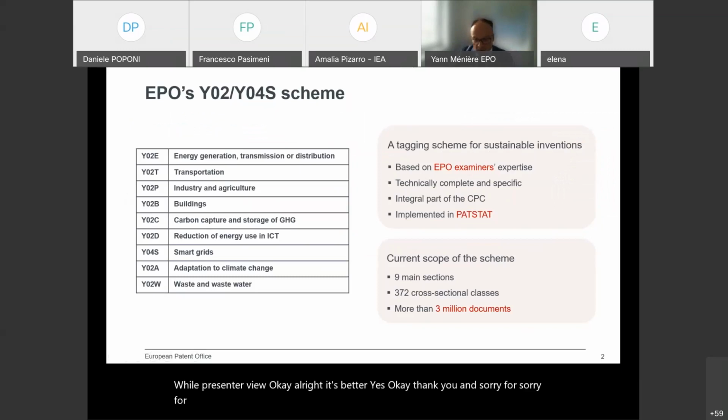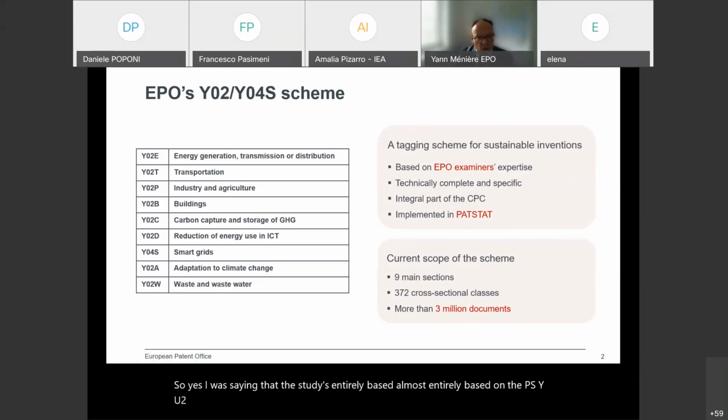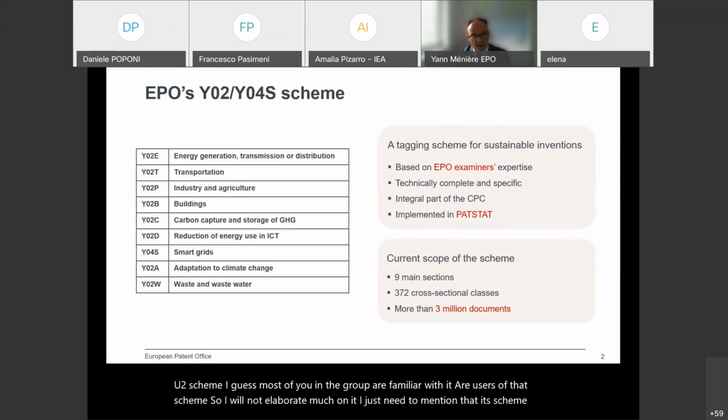So yes, I was saying that the study is almost entirely based on the EPO's Y02 scheme. I guess most of you in the group are familiar with it, are users of that scheme, so I will not elaborate much on it. I just need to mention that it's a scheme dedicated to green technologies. It's based on the expertise of EPO examiners.